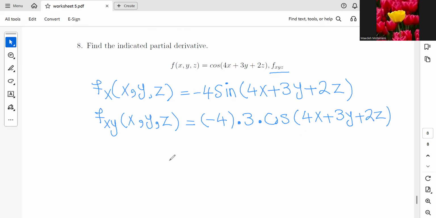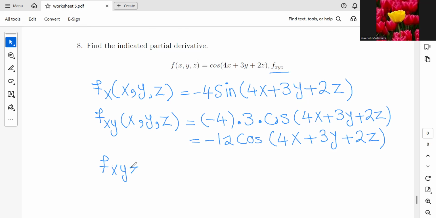And for the last part, okay, we can simplify this first. For the last part, it will be taking the derivative with respect to z of the function that we have as the derivative for x and then y.